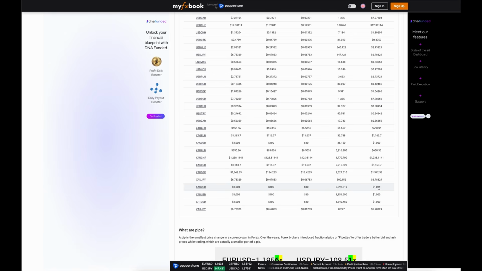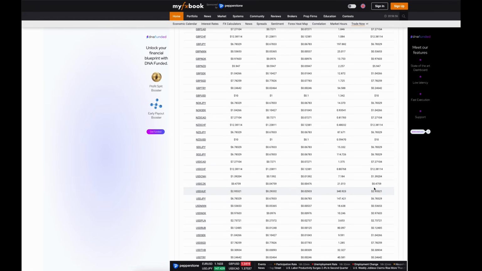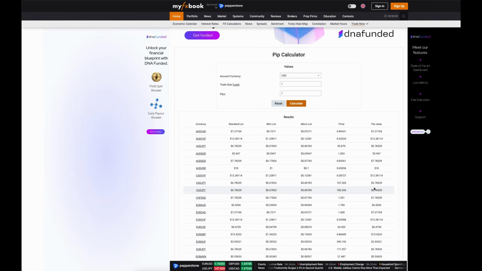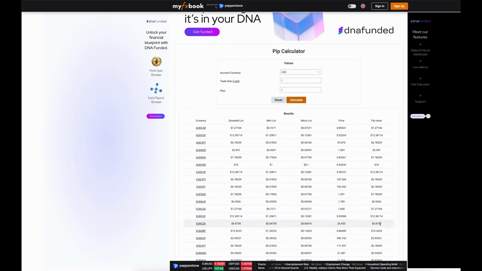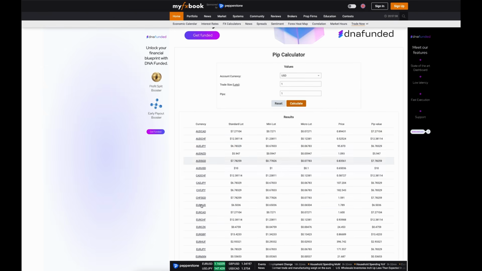Every time it moves one pip, it's going to move by $1,000. So you keep that in mind when you're trading gold. It's very volatile. So that is how each of these currency pairs have their value in pips. So you can use this calculator here to know the strength of each currency pair before you take your trades.